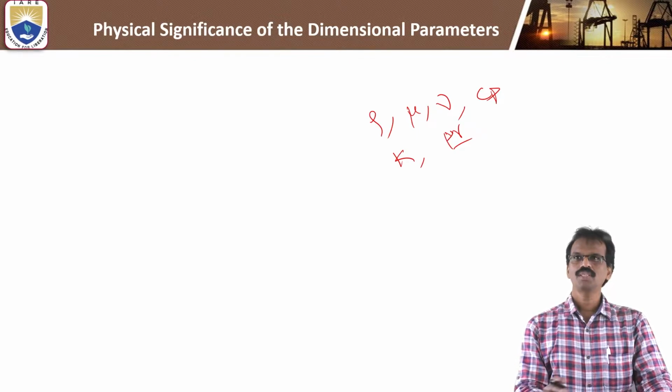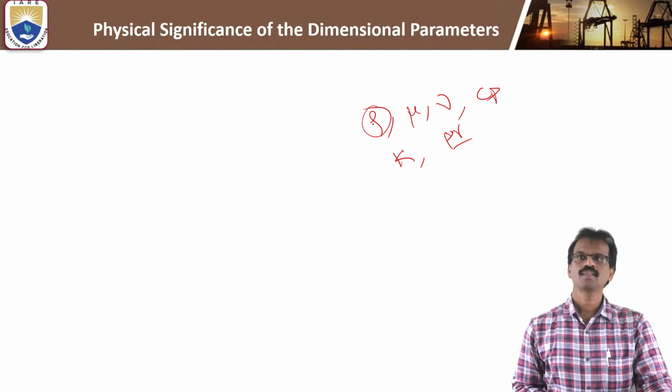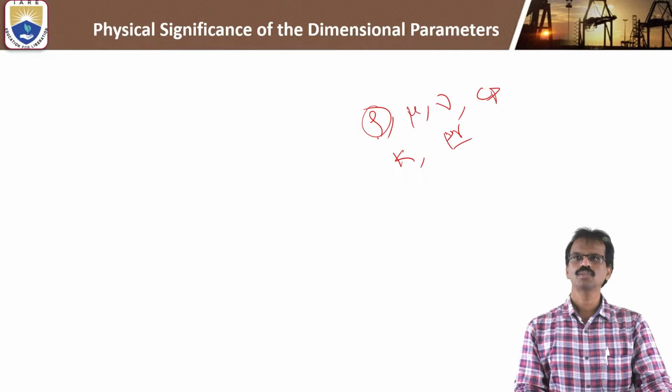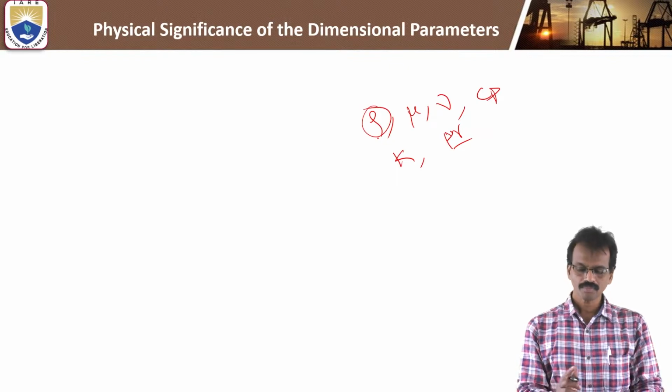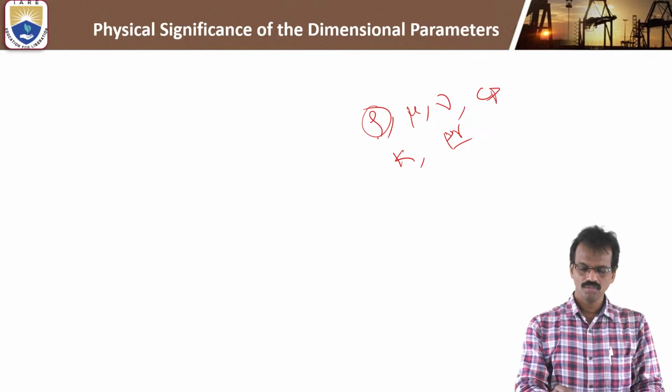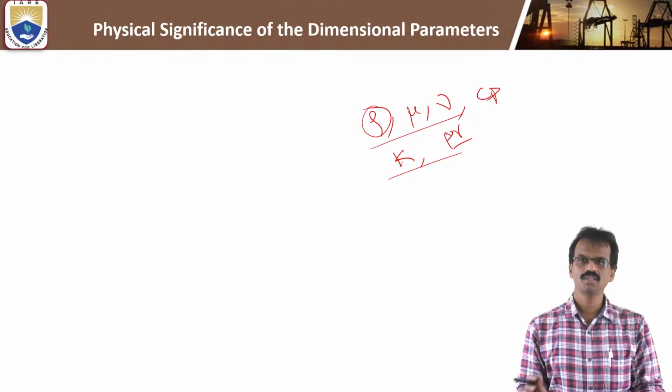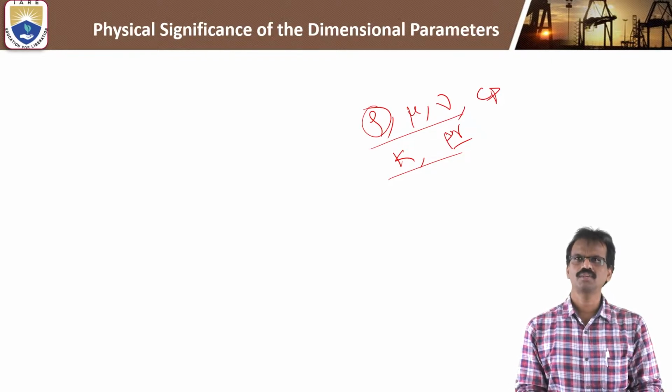To study the effect of individual parameters and the physical significance of these properties on convection, it is not easy to include all the properties of the fluid. So it is very critical to study the individual influence of the parameters on convection.